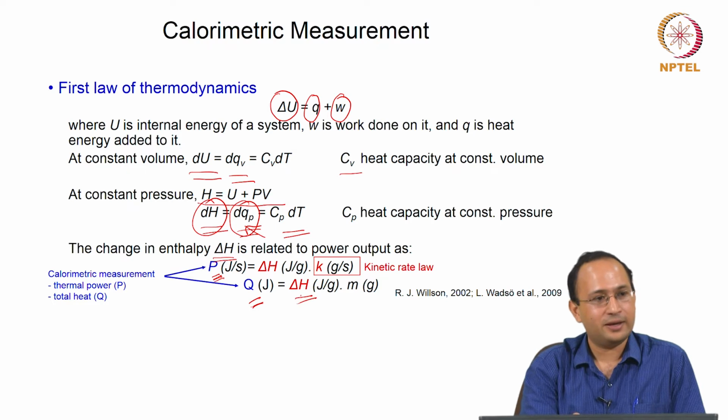Obviously, it will be equal to delta H times M, where M is the mass, because delta H is joule per gram and times mass gives you total Q. So from calorimetric measurement you get these two quantities, P and Q, and by knowing P and Q, you can get delta H. You can get K. K is the kinetic rate law.